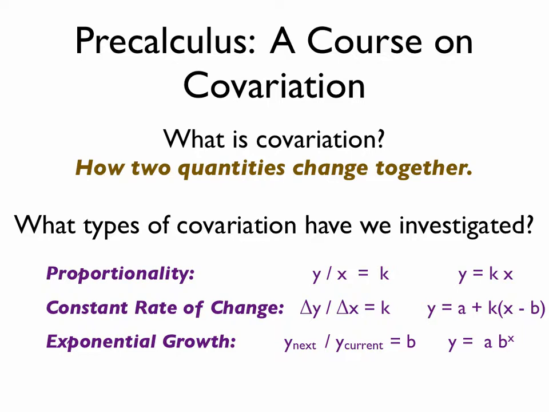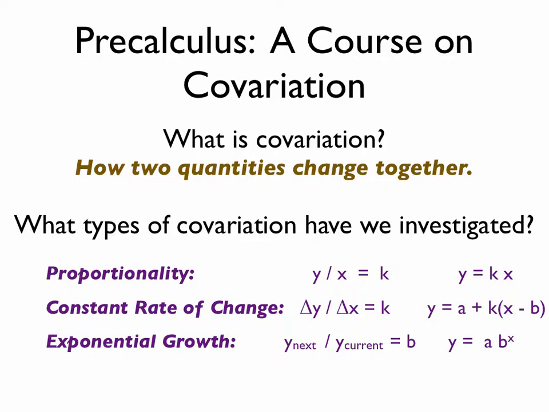As x increases 1 unit at a time, we always multiply by the same 1 unit growth factor. So y next over y current is this value b. We've spent most of our time on constant rate of change and exponential growth.